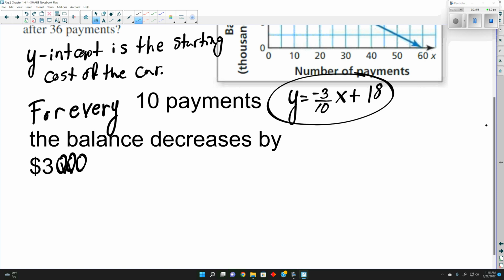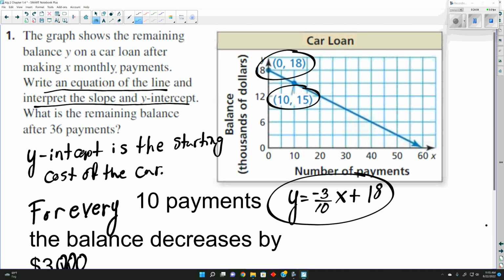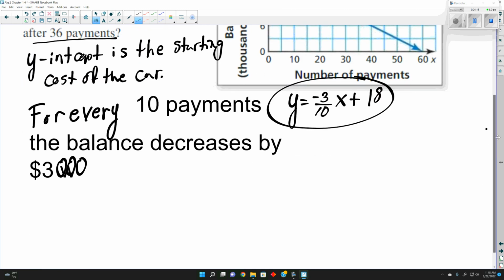Any questions on this here so far? Now there's one last thing, because if we look back, we did find the equation of a line. We did interpret the slope and y-intercept. Now we just need to figure out what is the remaining balance after 36 payments. Now again, for this here, the number of payments is going to be x.